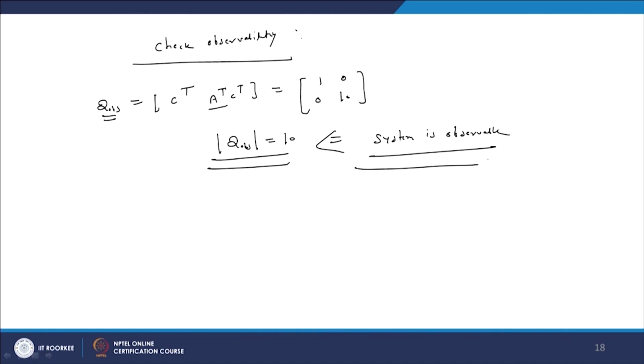Now the system is observable, and to get the full order observer we directly use the formula for getting the observer gain matrix. So the Ackermann formula, that is Ke equal to phi of A times the inverse of the observability matrix times [0 1].